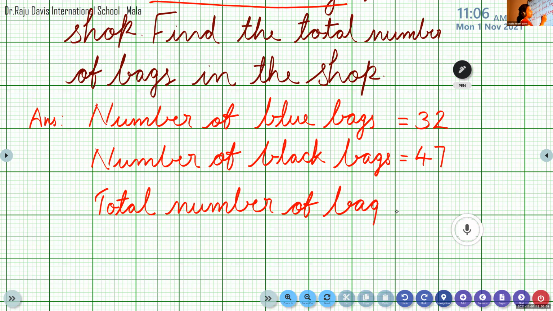And what we should do here, we have to add 32 and 47, isn't it? 32 plus 47. Arrange the numbers in the correct place, tens and ones column. 32 plus 47, and add.